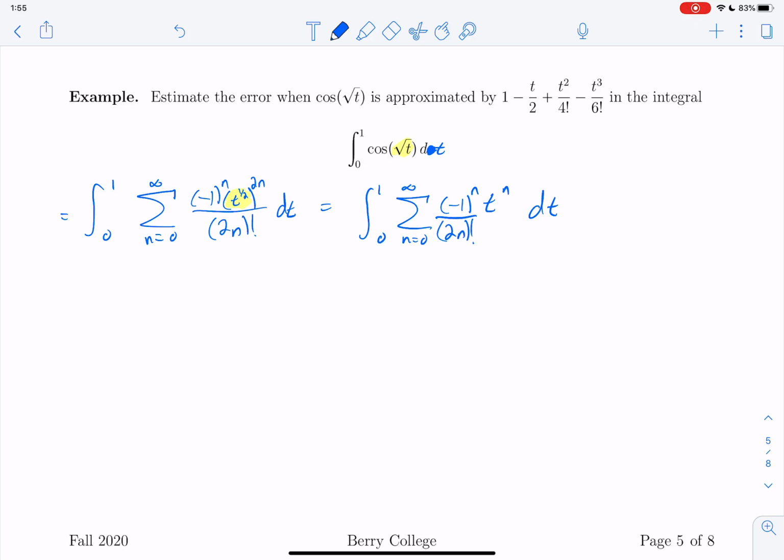And here's the key observation, that this Taylor series that we were taking a look at here, this 3rd order Taylor polynomial, turns out to be S3 of the cosine of the square root of t series.